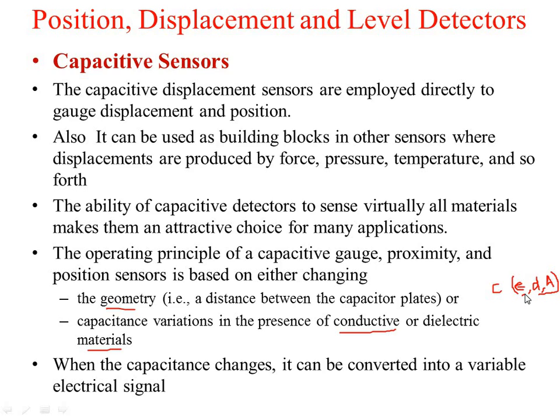So we can convert it into charge. We know that i is equal to C dv by dt, or q is equal to C v, those equations are there, and using such equations we can easily convert it into an electrical signal.